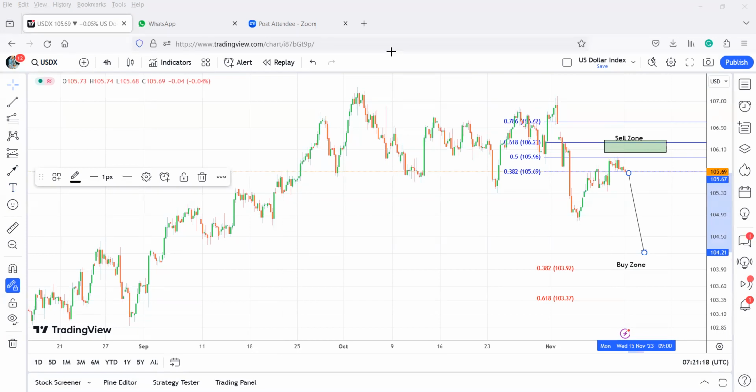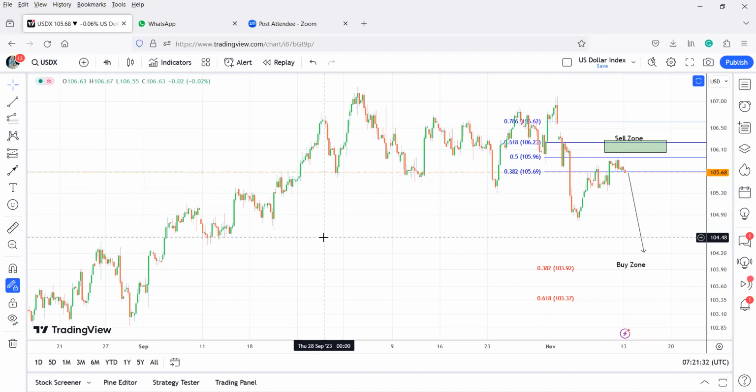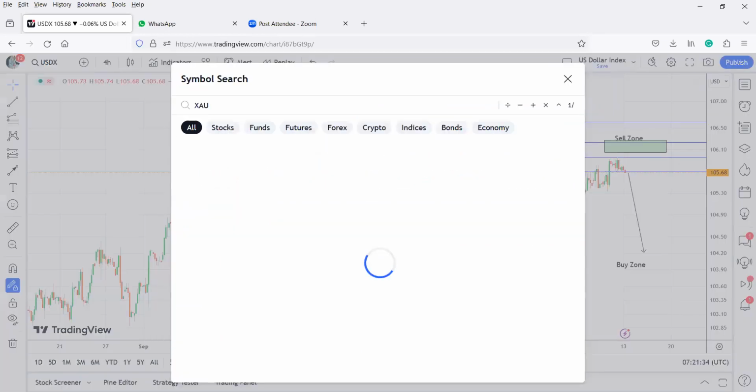If you're watching news, feel free to watch the news, brother. But these directions which we have decided will not change even if the news is coming. I'll give you an example.